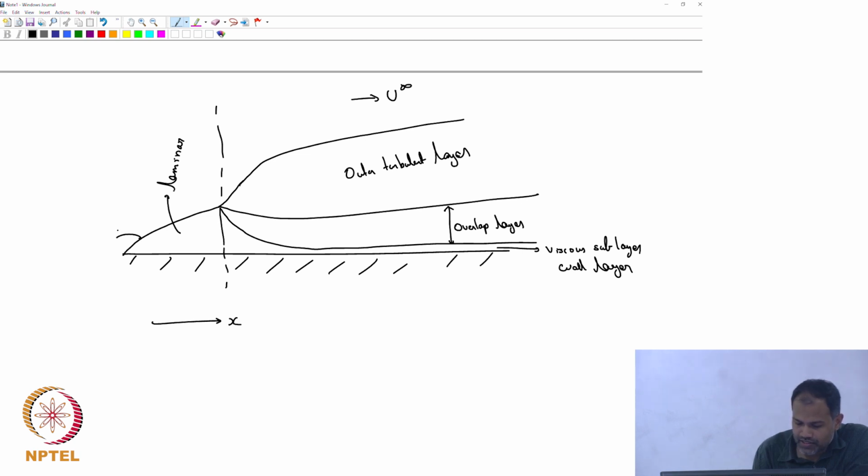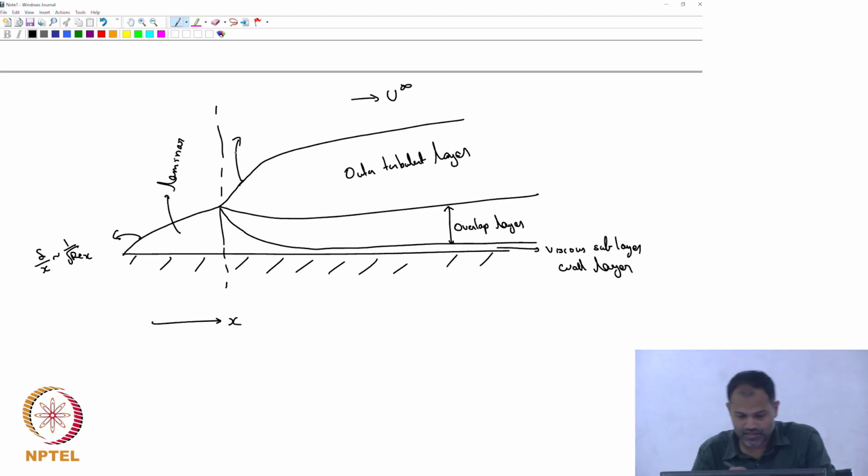So, in this region, delta by x is approximately going as 1 by square root of Rex. This region is where delta by x goes as Rex to the power of 1.5, much faster. And much downstream, delta by x goes as 1 by Rex to the power of 1 by 7, which is much weaker.